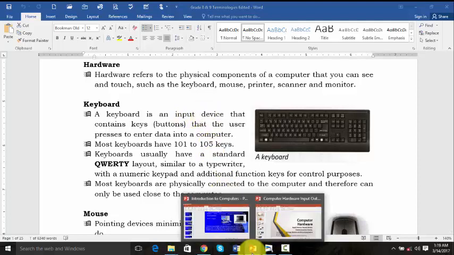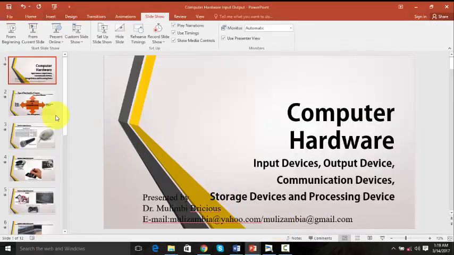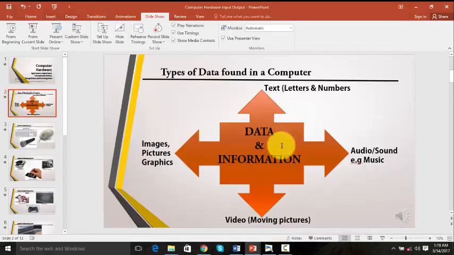Now what type of data is entered? Students, remember we talked about the types of data found in the computer. We have text, audio, video, and images. So in this case, with a keyboard, we enter text, which are letters and numbers. We cannot enter audio, images, or video using the keyboard. Here it is only text. Thank you very much, students.